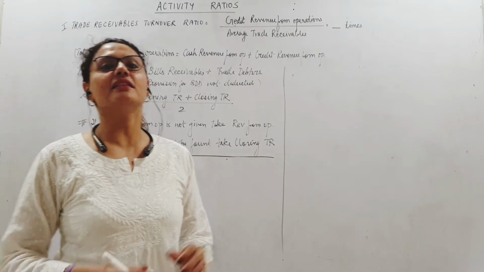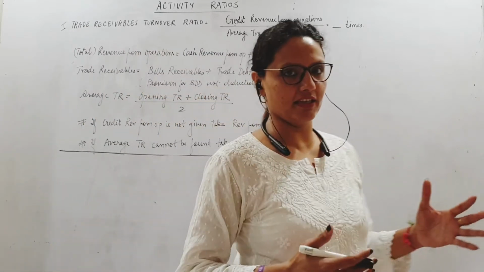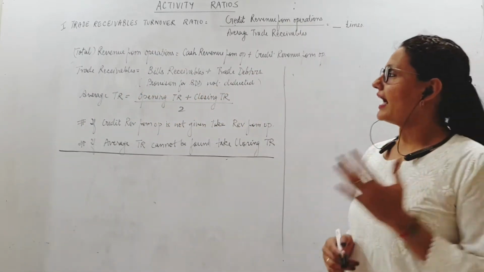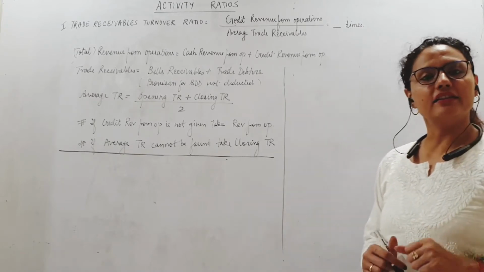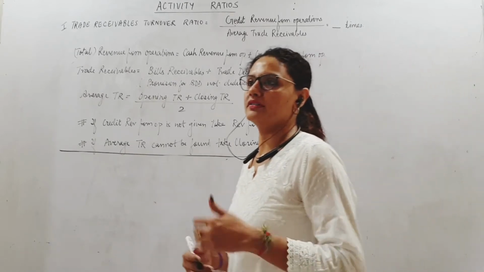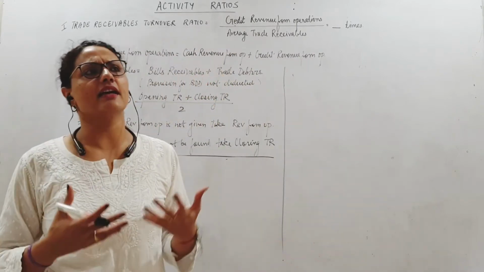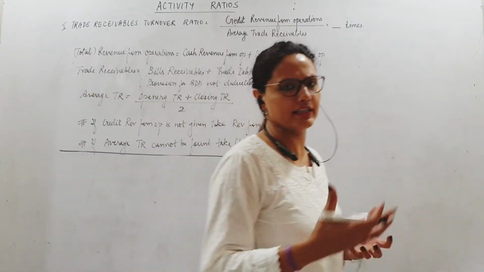Here we are starting the third type of ratio, the category of ratios called activity ratios. Activity ratios relate to your sales, purchases, working capital and inventory stocks.